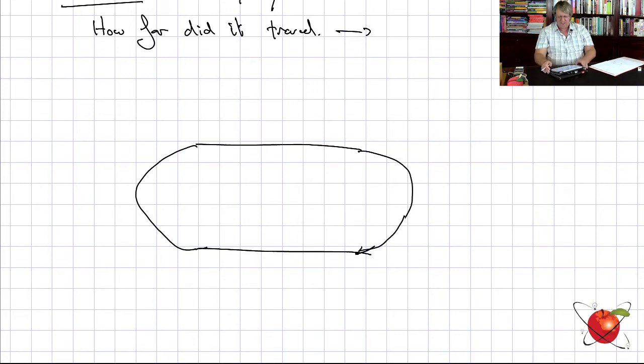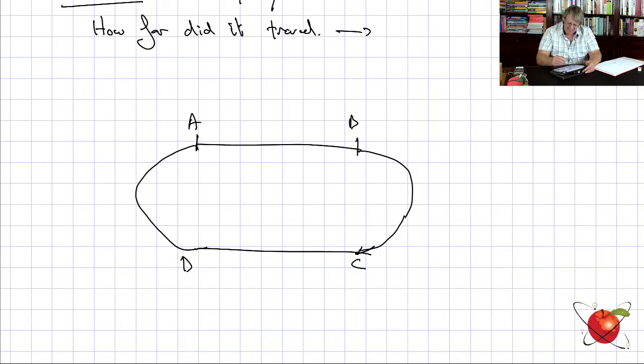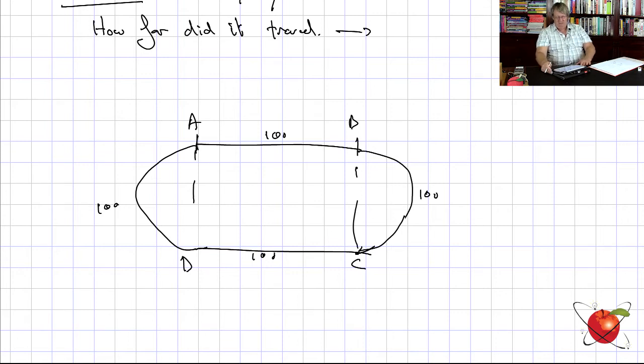Now, let's say we start at A to B, we go to C, D. When we've run from A to B, let's say that's 100. Around the outside is 100, and around there is 100. Now, you can tell me what the diameter is if you know the circumference is 200.